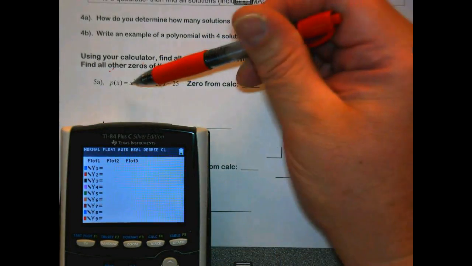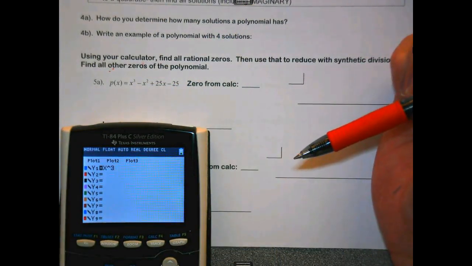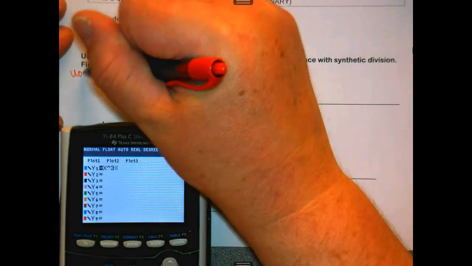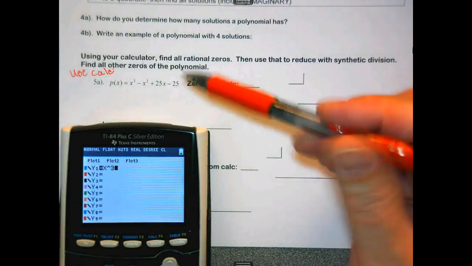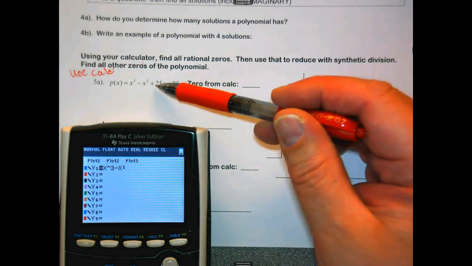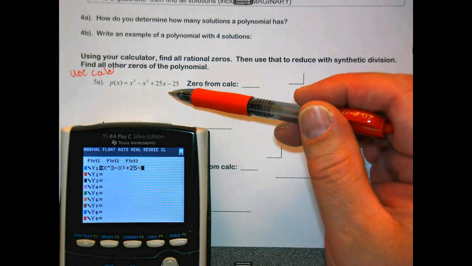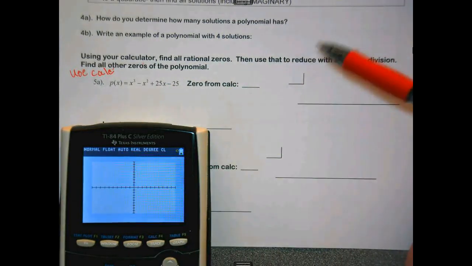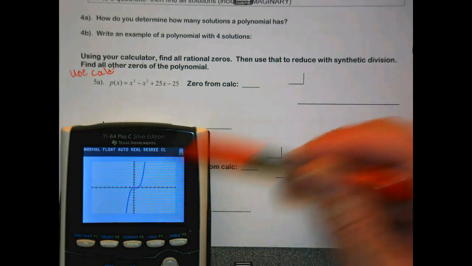Okay, so I have x cubed. So put this in your calculator. X cubed minus x squared plus 25 minus 25. Graph. All right. Not sure where the zeros are.